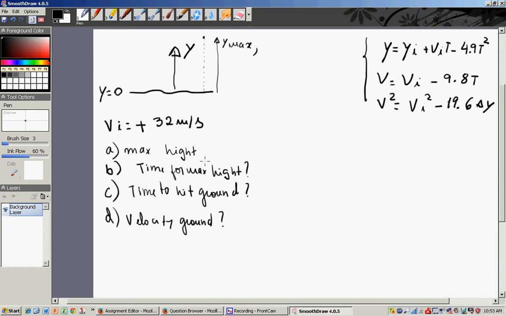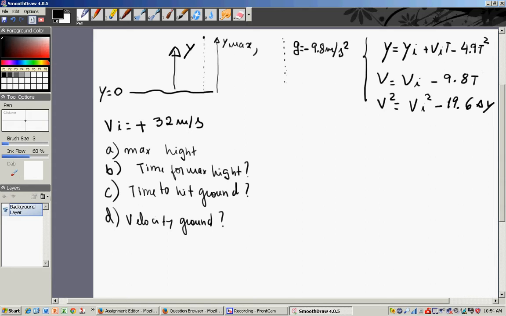I already put things in here for you, and here are our three equations. I put in my negative sign because at any given point as the ball moves, the acceleration has a value of g and is always pointing in the negative direction, equal to 9.8 meters per square second.